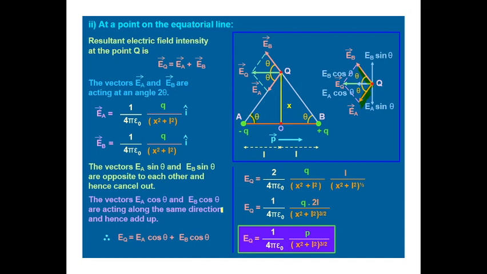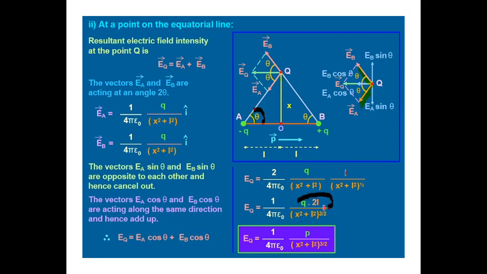Cos theta equals adjacent divided by hypotenuse. Adjacent is the length L, and the hypotenuse AQ equals the square root of x squared plus L squared. By multiplying these terms, this equals 2Q into 2L divided by x squared plus L squared raised to 3 by 2.